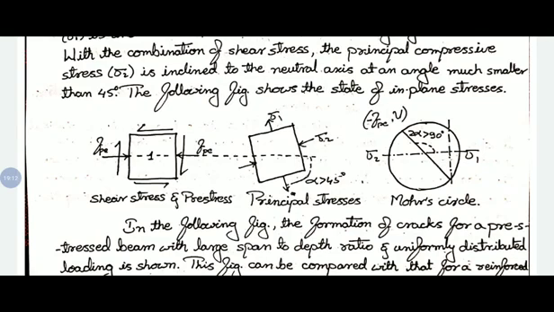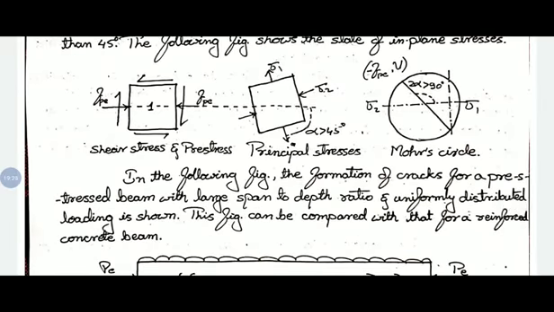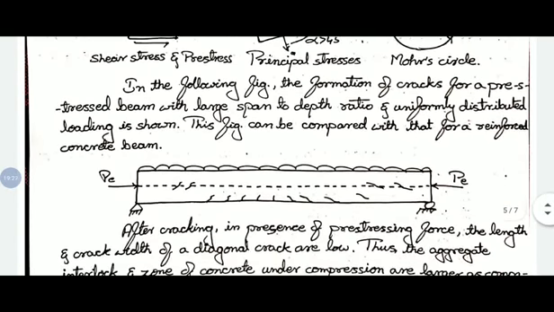You can observe in the figure the Mohr circle shifted towards the principal compressive stresses. In the next figure, you can see formation of cracks for a pre-stressed beam with a large span, due to span to depth ratio and uniformly distributed loading as shown. The figure can be compared with the reinforced concrete beam.